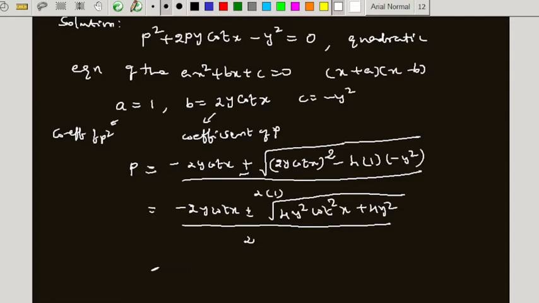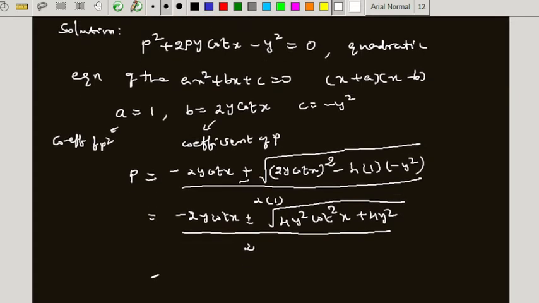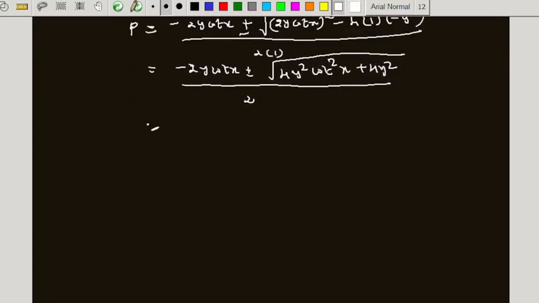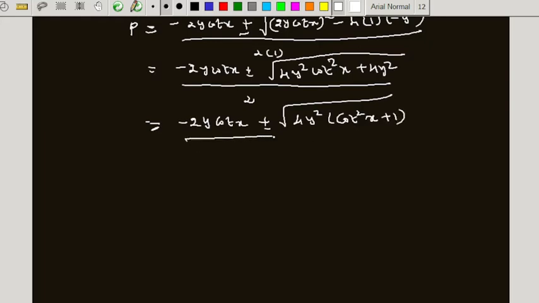Now we simplify this. This is minus 2y cot x, and here we can take 4y square common. Then the common terms are cot square x plus 1, dividing by 2.